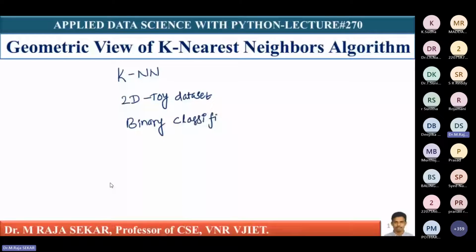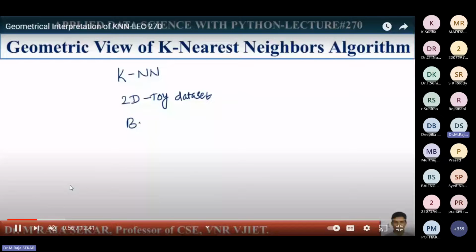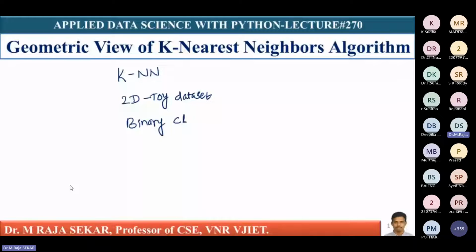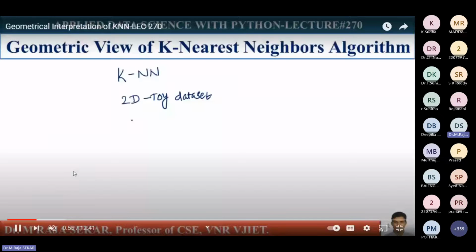But once it works from 2D to 1D, that is the power of linear algebra. You can use linear algebra to extend this 2D data to ND. Therefore, let us try to understand the geometric intuition of this particular algorithm by using a two-dimensional toy data set. Let's see how it works.